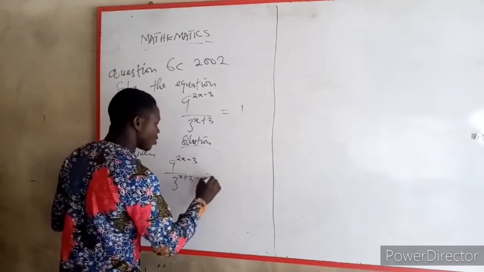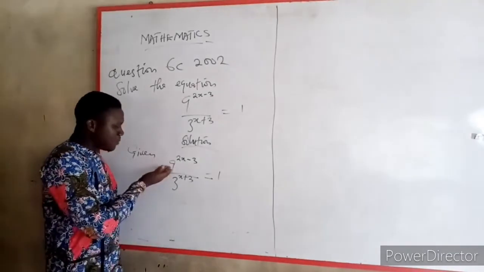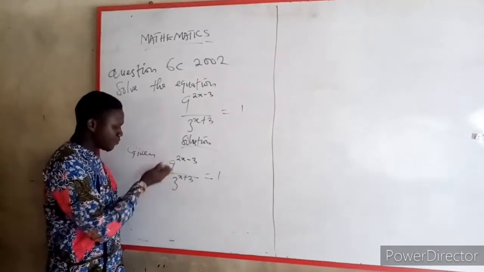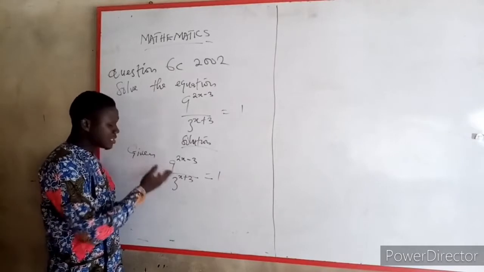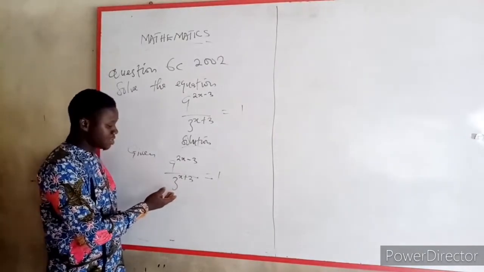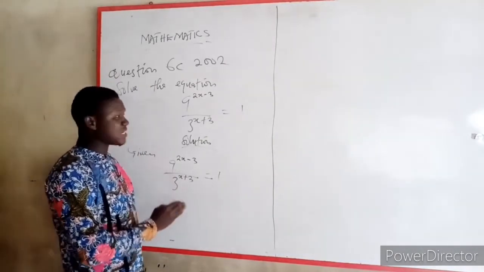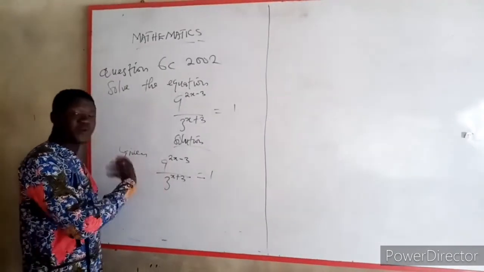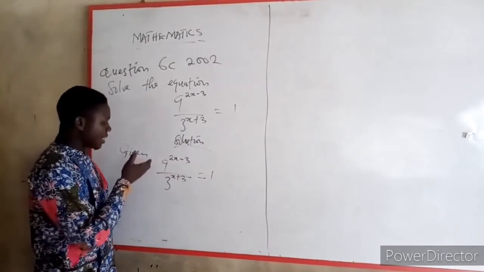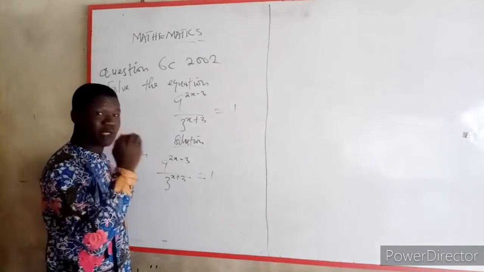Now the first thing I need to do here is make the base numbers the same. I have 3 at the bottom, the denominator, and there's 9 here. First, I need to break 9 into a multiple of 3. 9 as a multiple of 3 is 3 times 3, so that's two 3's inside 9.